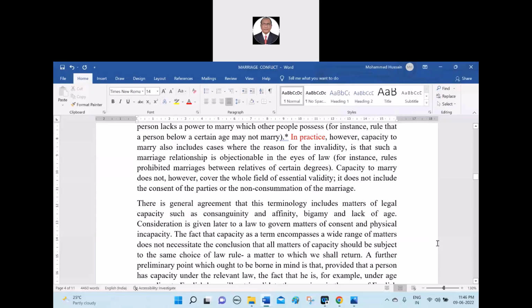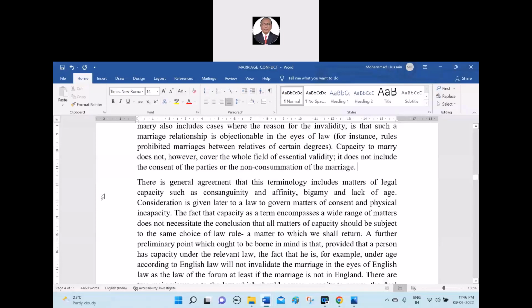But where the matter of substantive law is concerned, it depends upon the boy or girl, male or female, man and woman, and their domicile is considered over there. So that is the whole gist of it.